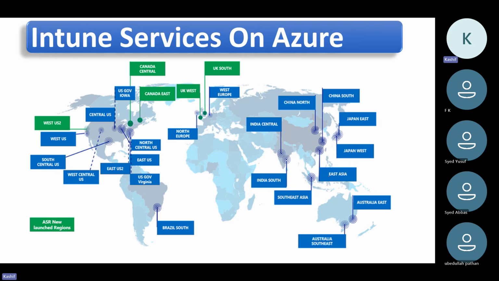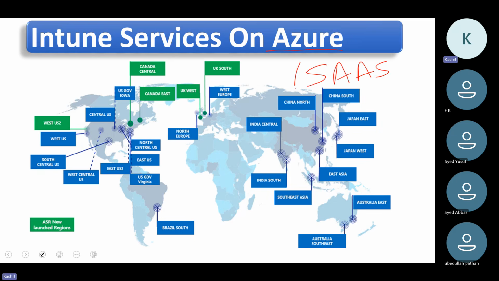Everything is configured by Microsoft on Azure Cloud Data Center. On premises, you don't have to do anything. It's all done by Microsoft. Just like Gmail. Gmail is what? It's a SaaS product.